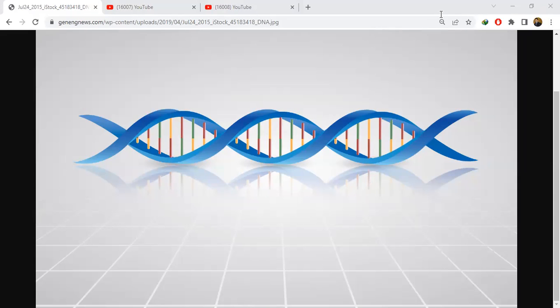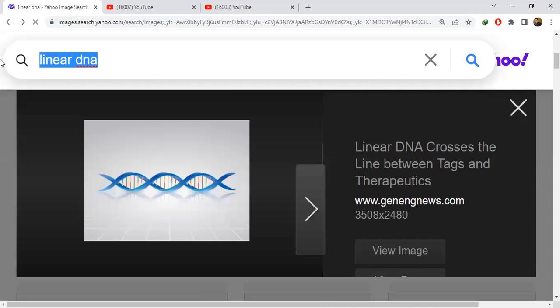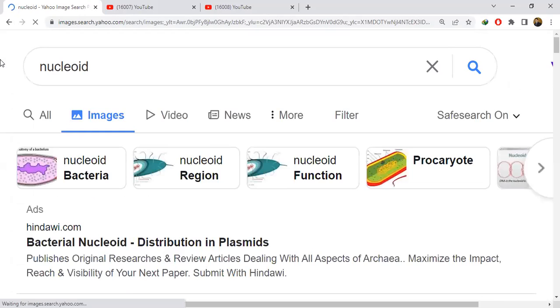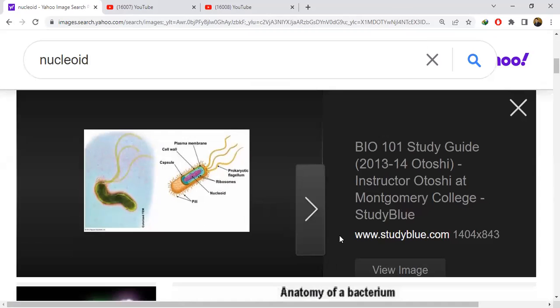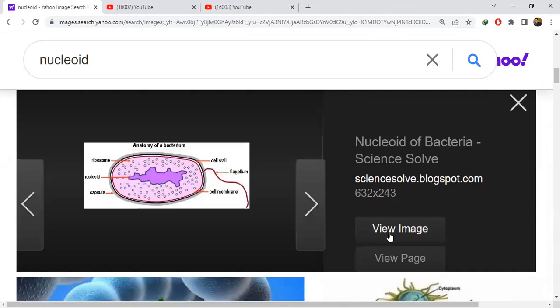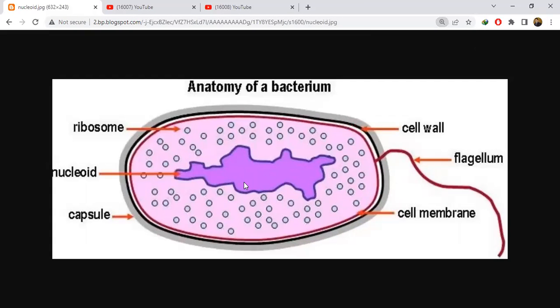One more thing. Here we are using a word called nucleoid. If you take a bacteria, in its center there is a region called the nucleoid.